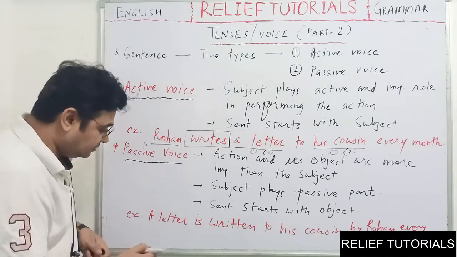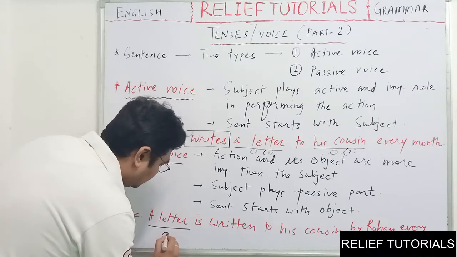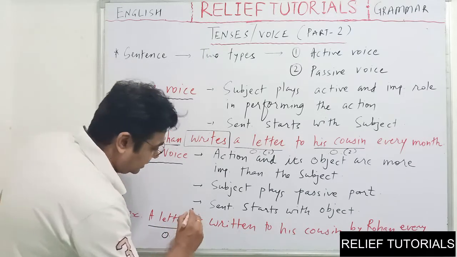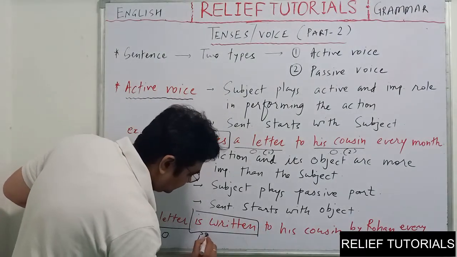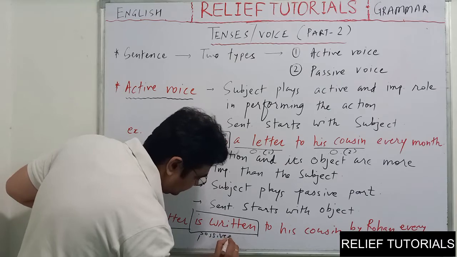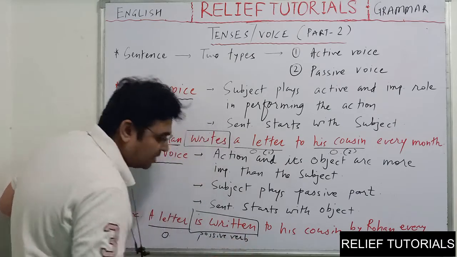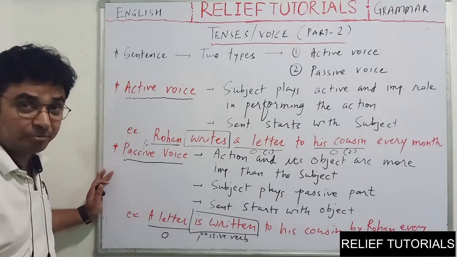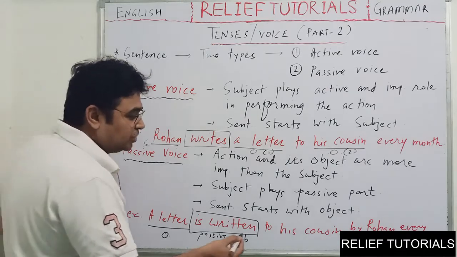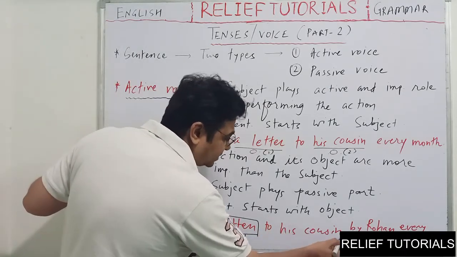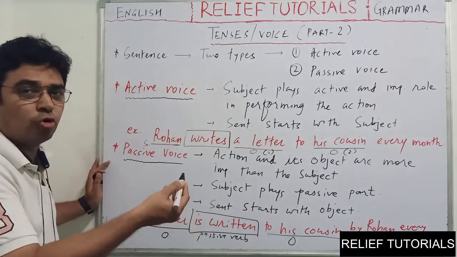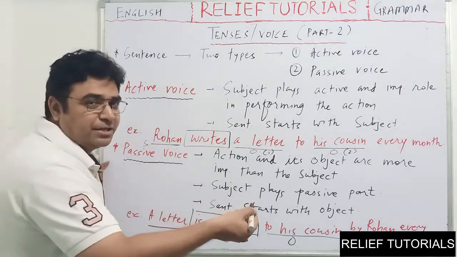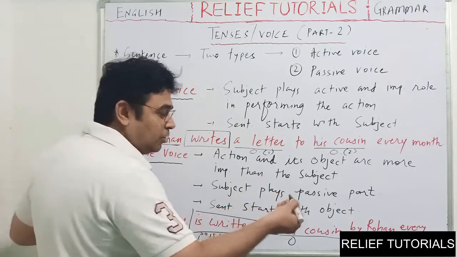So letter is the object, and now the passive voice form of the verb of the same tense. Now the second object remains at the same place, and the subject, that is Rohan, goes at the end of the sentence because it is playing a passive role, not so important.